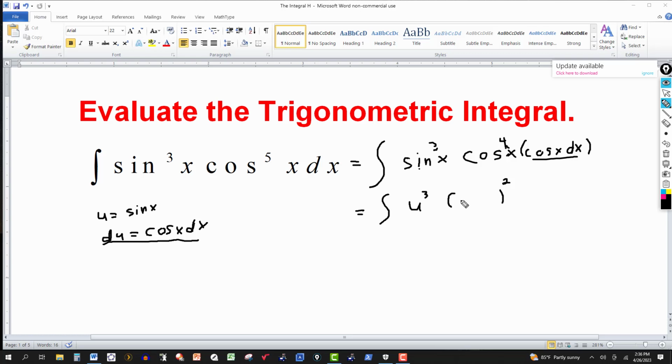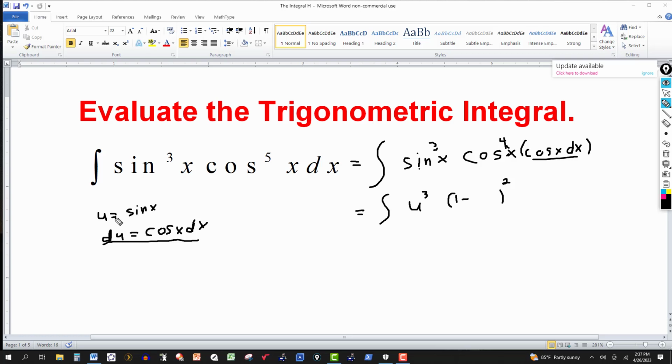But then cosine squared can be replaced by 1 minus sine squared. That's your main identity, the fundamental identity: cosine squared plus sine squared equals 1. So from that, I can replace cosine squared, which would go here in the parentheses, by 1 minus sine squared.